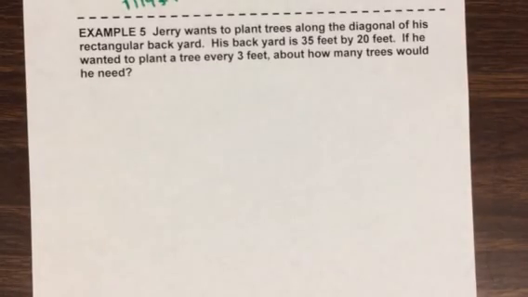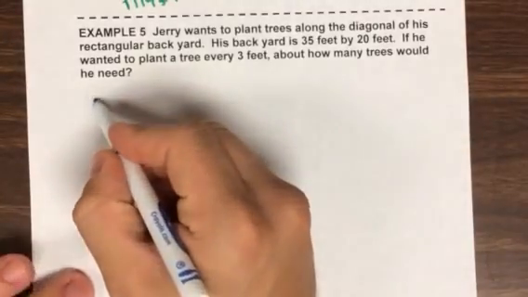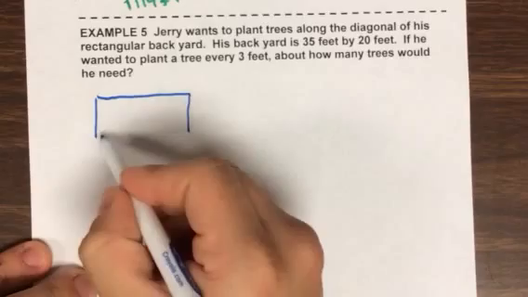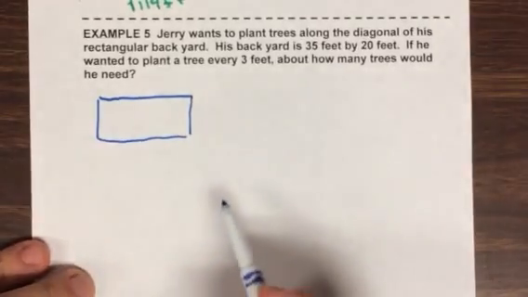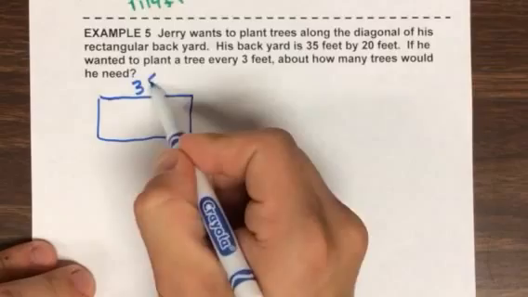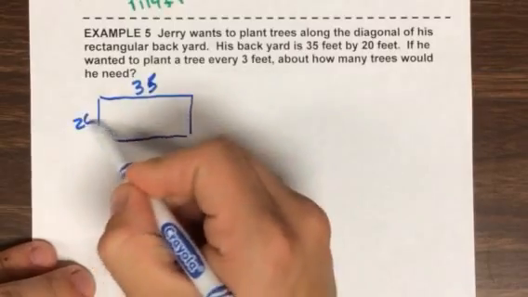Example number 5. Jerry wants to plant trees along a diagonal of the rectangular backyard. Let's go ahead and draw Jerry's backyard. It's a rectangle. His backyard is 35 feet by 20 feet.